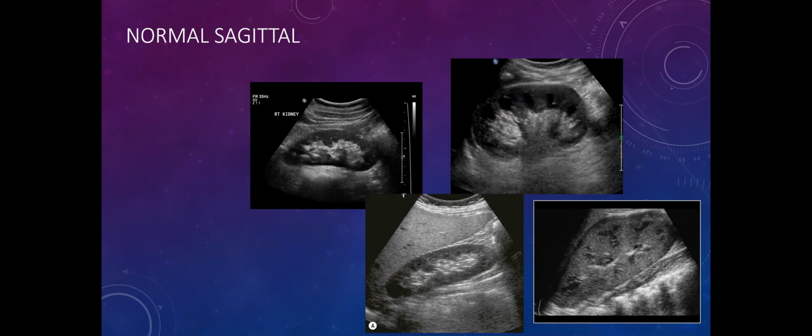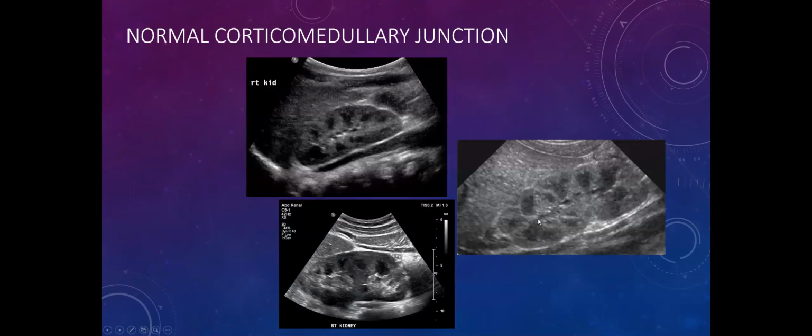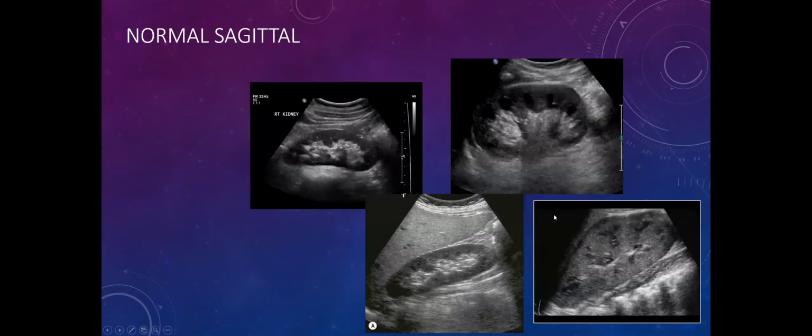Great pictures, though. Let's just get a spotlight here. Okay. All three sagittals, all three normal. Obviously, the cortex is not echogenic.